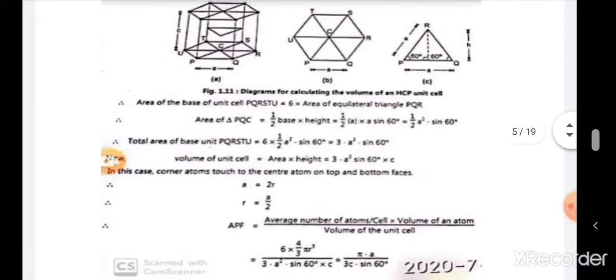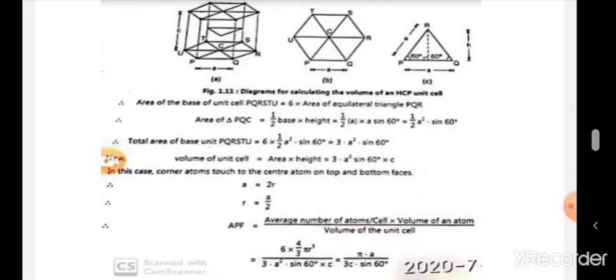Now, the area of the triangle PCQ is half into base into height. As the sides are given as A and height is denoted as H, now we have to find out the base.